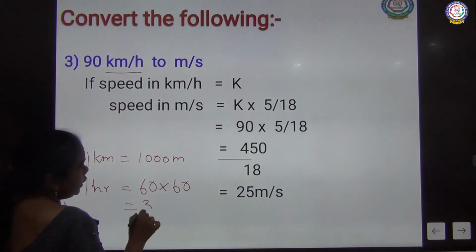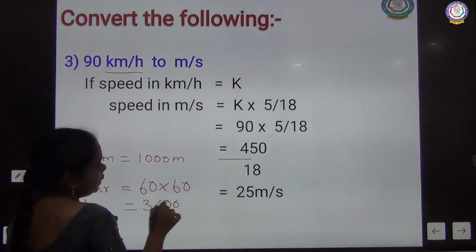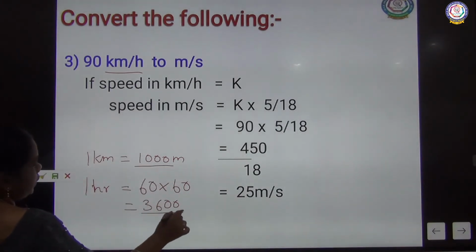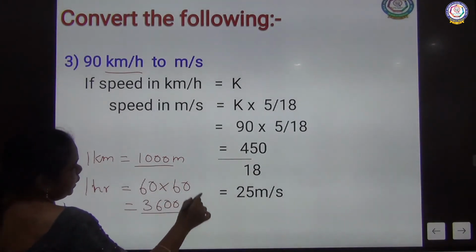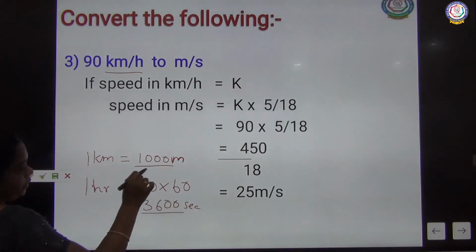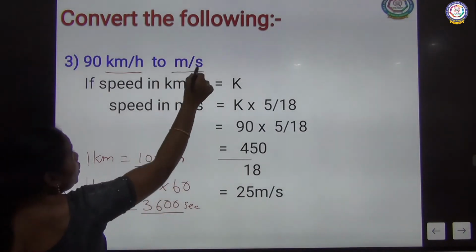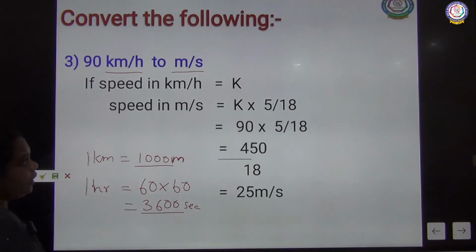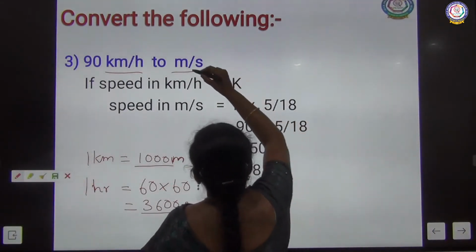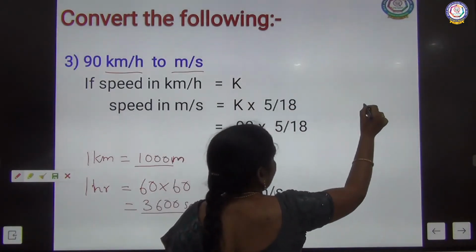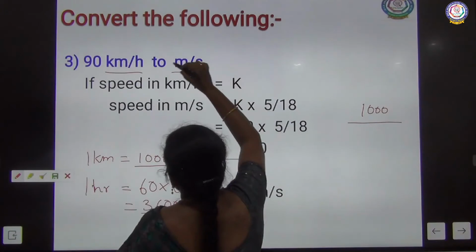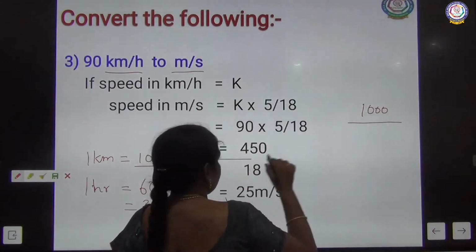So you are going to get 3600. Now you want to convert this into meter per second. For 1 kilometer, the meter is 1000, divided by seconds. For 1 hour, how many seconds?